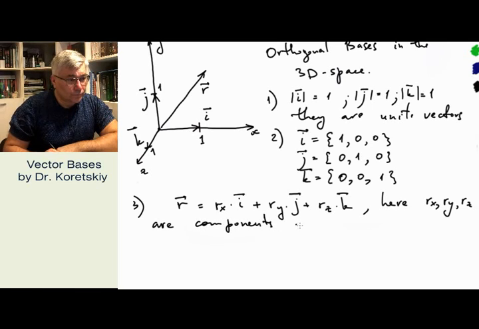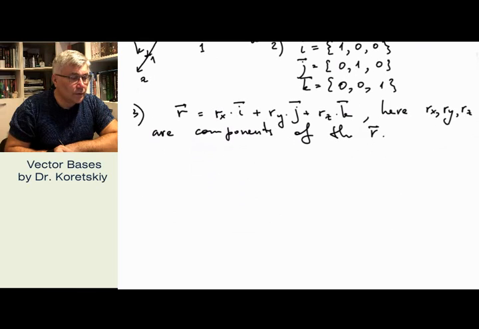Here Rx, Ry, and Rz are components of the r vector.